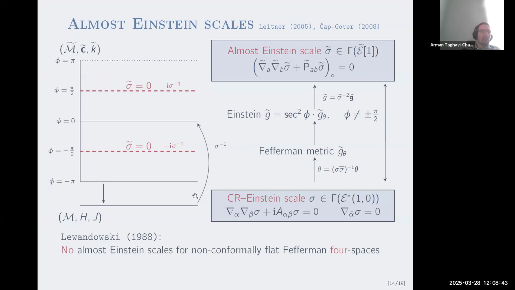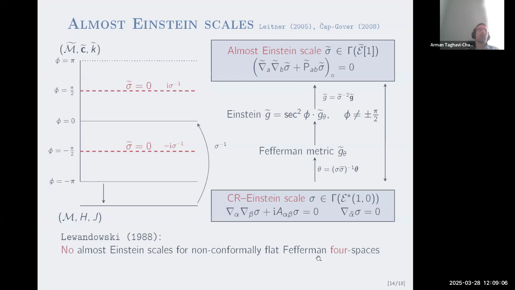But actually, Jurek, back in the 1980s, that was one of its earliest results. He was always fascinated by the Fefferman construction. But in 1988, he showed that there are no almost Einstein scales for non-conformally flat Fefferman 4-spaces.